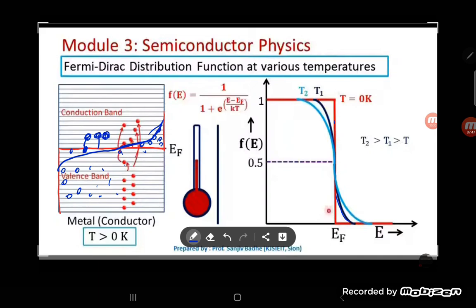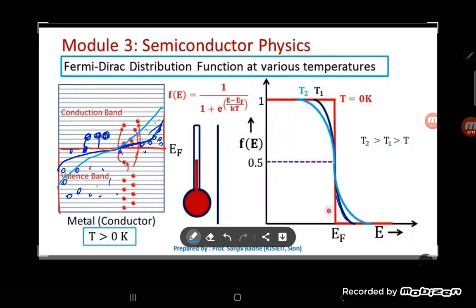And also, if we increase the temperature more, then the electron can go over more electron energy states, something like that. Here, just think about the evaporation of the water surface. It is similar to this concept.